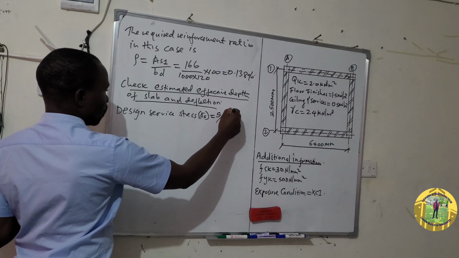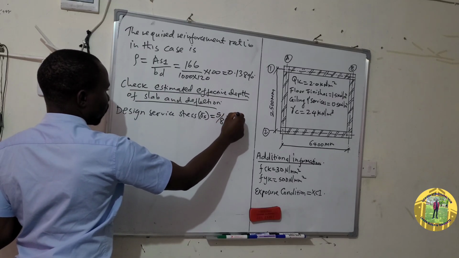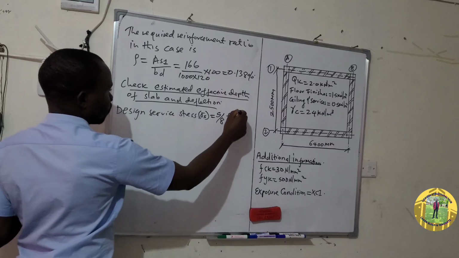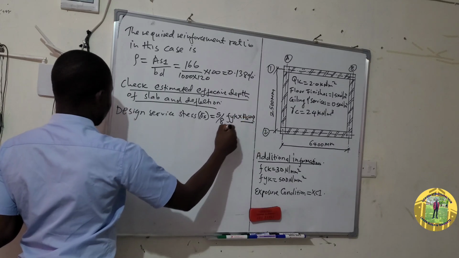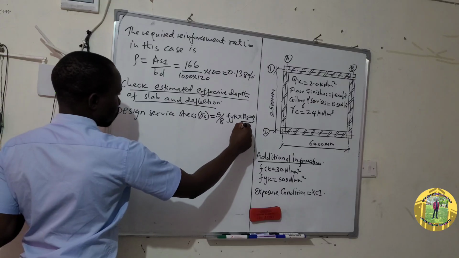5/8 FYK times area of steel required over area of steel provided.